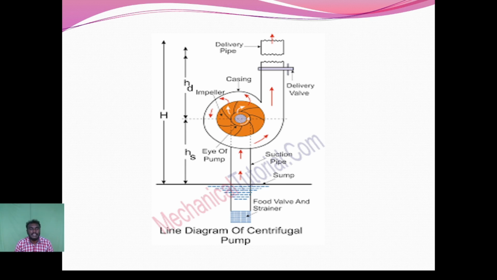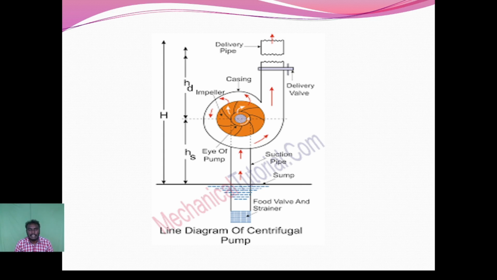The sum of the suction head and delivery head is known as total head. We use the formula for problem solving purposes. Here, the foot strainer or foot valve is used to stop dust particles or dirt particles.